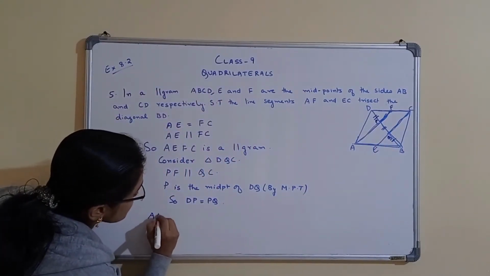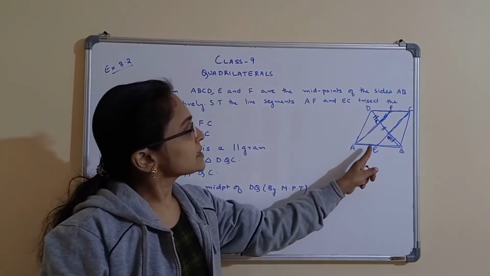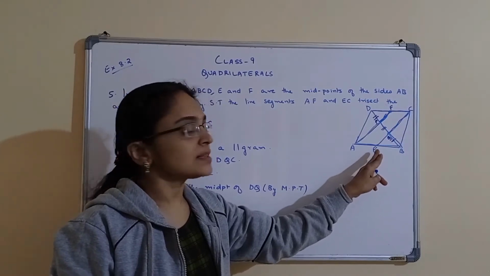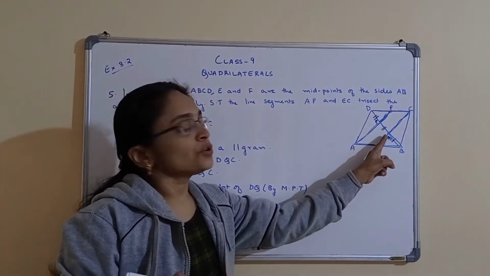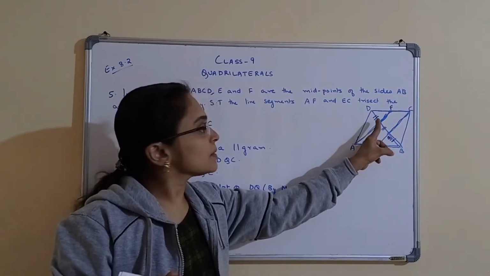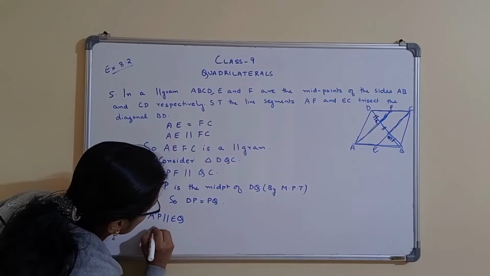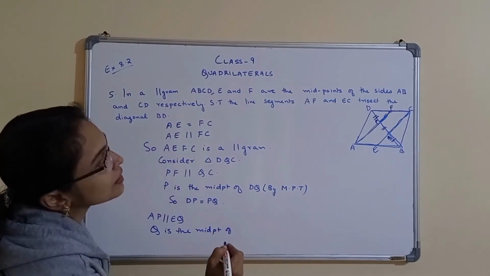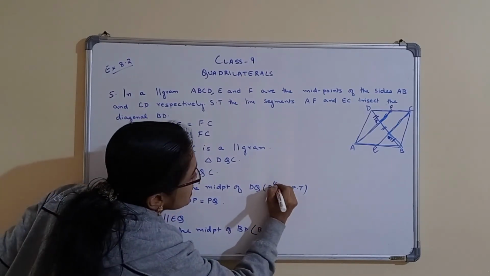So, taking triangle APB, if EQ is parallel to AP, E is the midpoint of AB, so by converse of midpoint theorem, Q is the midpoint of BP.